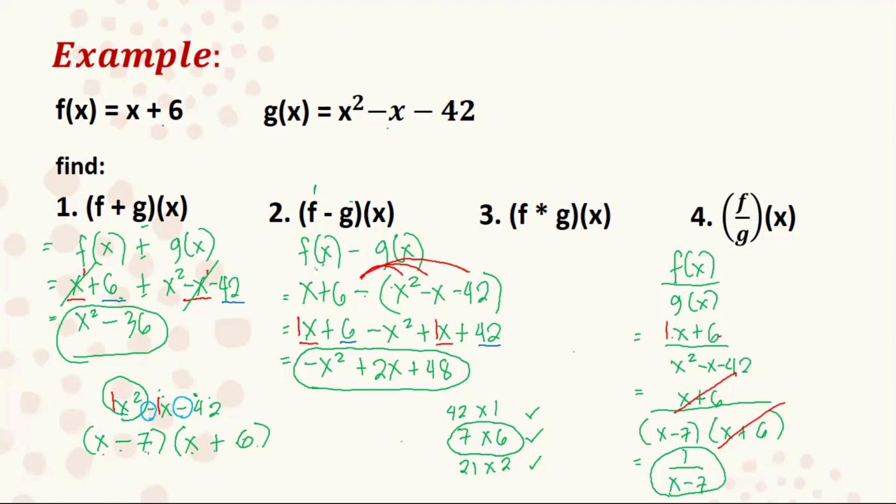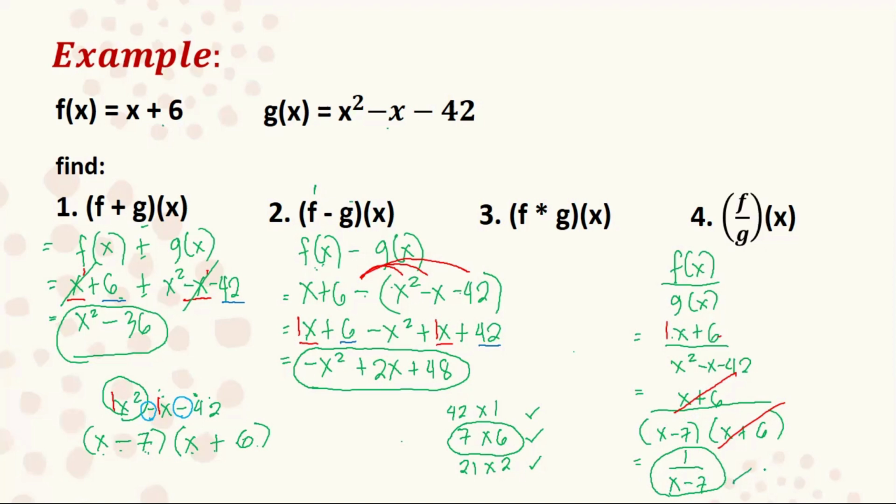Ma'am, bakit po nagkaroon ng 1 sa numerator? Kasi kahit kinancel out mo yung expression sa numerator, meron at meron siyang matitirang 1. Okay? Take note of that always. Then we copy yung natira, which is x minus 7. That's why we have this.